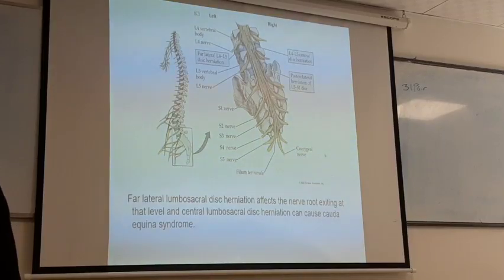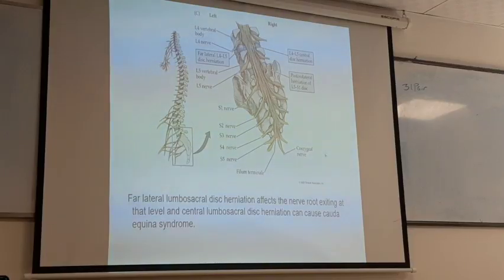Parasympathetic for the bladder, parasympathetic for the digestive system, anal canal, rectum. All are from S2, S3, S4.